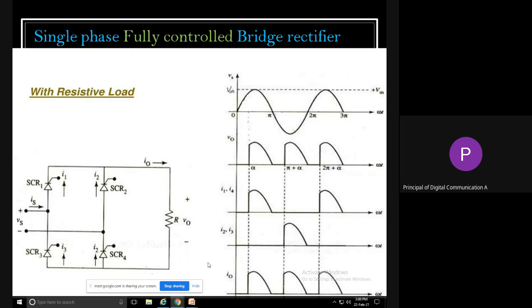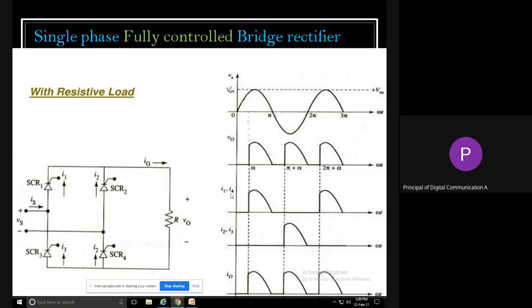The firing angle alpha will be the same for SCR1 and SCR4, and this is what is shown here. At angle alpha, I1 and I4 are given, these two SCRs get the current pulse, and they become on.